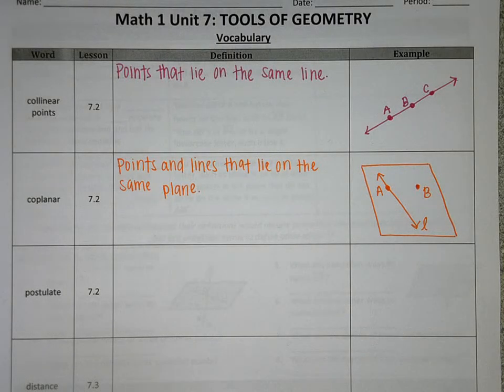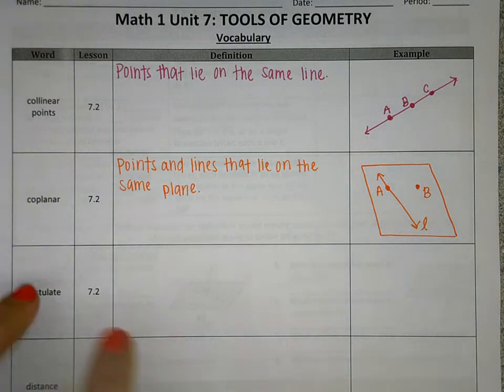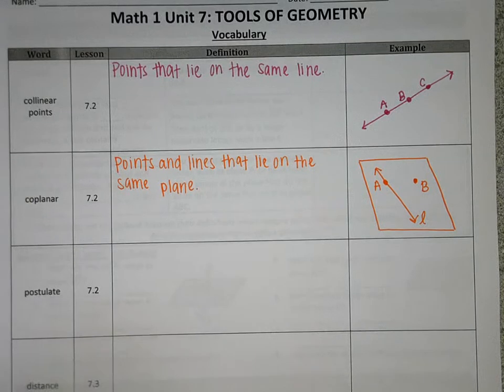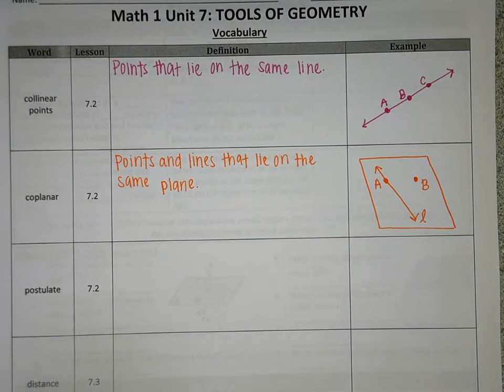And we use what are called theorems and postulates. Have you guys heard of the Pythagorean theorem? At least heard of it? Okay, a theorem is a rule that you can prove. A postulate, which is what we're mostly working with right now, is an accepted statement of fact.